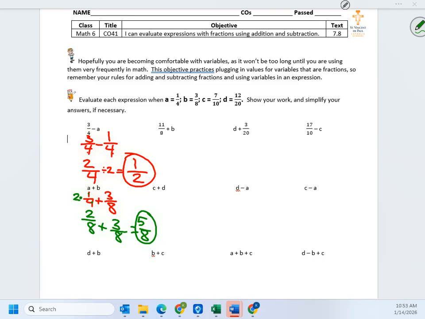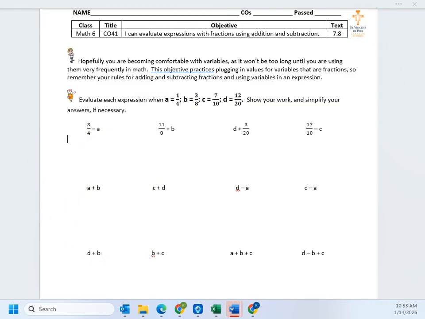So you are going to be doing that for all of these expressions they have, making sure to fill in the correct variables for A, B, C, and D, finding common denominators, adding or subtracting just the numerator, denominator stays the same, and simplifying. If we look at the very bottom of our page, it is a little bit different.